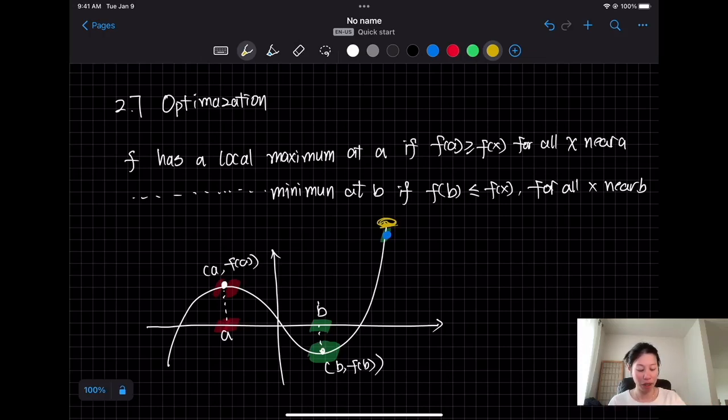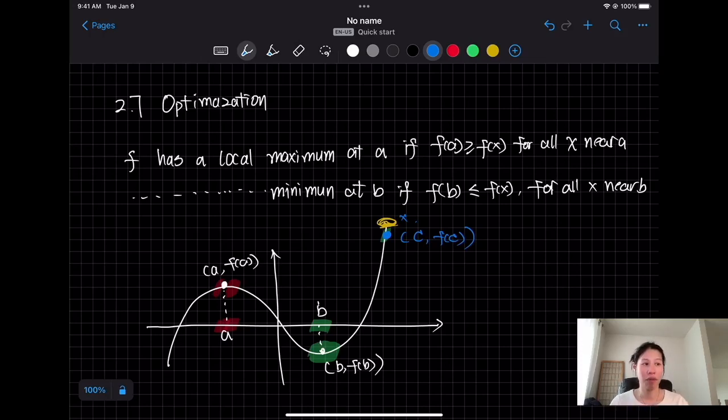Let's say the blue point is c, and we can find an x in here where f of x is greater than f of c. So that's why this is not a local maximum. A local maximum doesn't have to be the absolute biggest number. It just has to be the relatively biggest number.